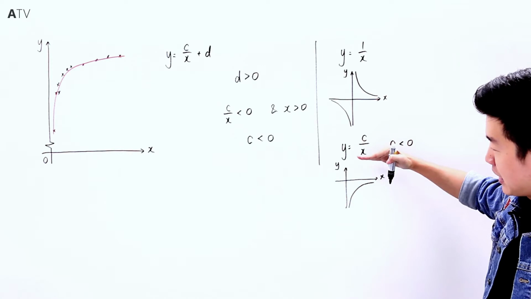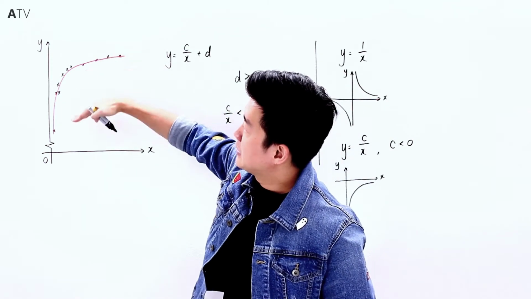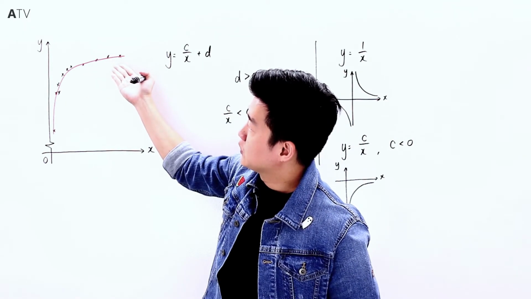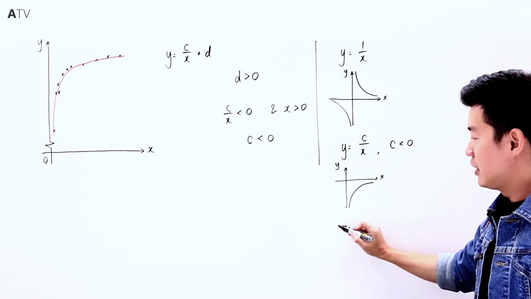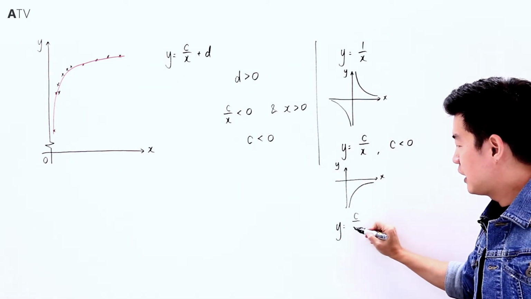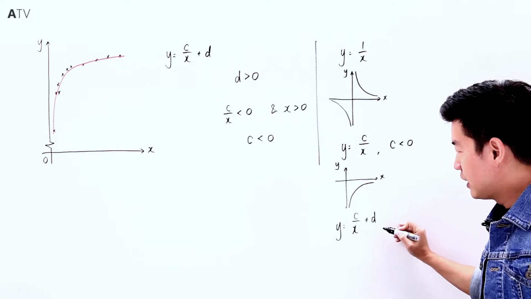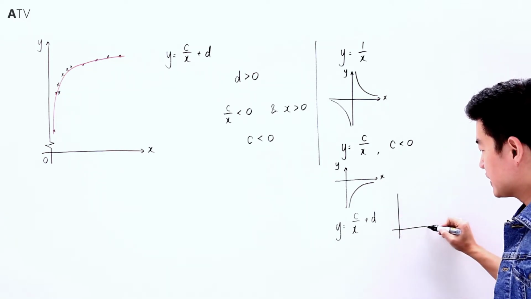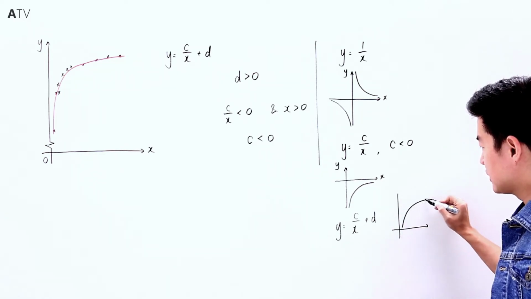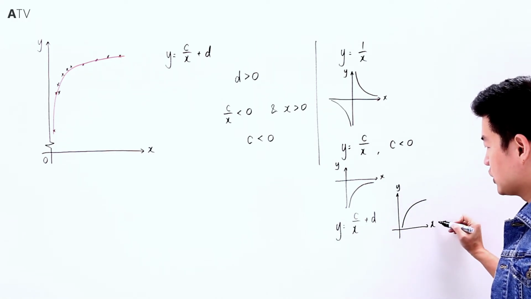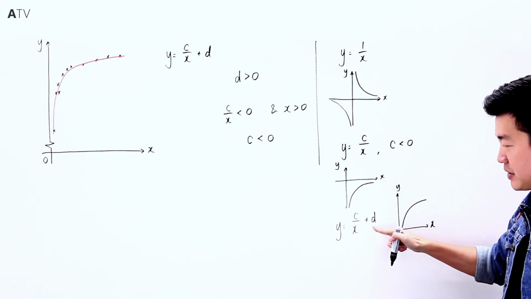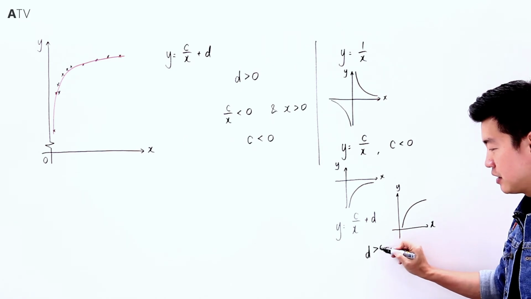Then I'm going to shift this up until it matches something similar to this. So in order to shift this up, I'll add a positive value to it. Then my curve can become something like this. This is still the y, this is still the x. And since we want to shift it up, that means d over here must be positive.